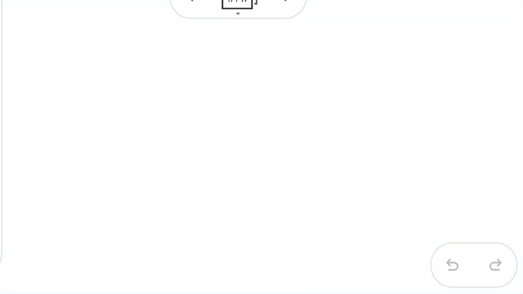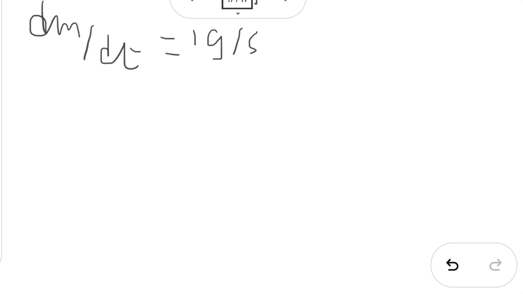What we have here is the mass flow rate in the question, dm/dt, which is 1 gram per second. Then we also have the length of the needle, given as 0.03 meters. We have to convert those millimeters and centimeters to meters.